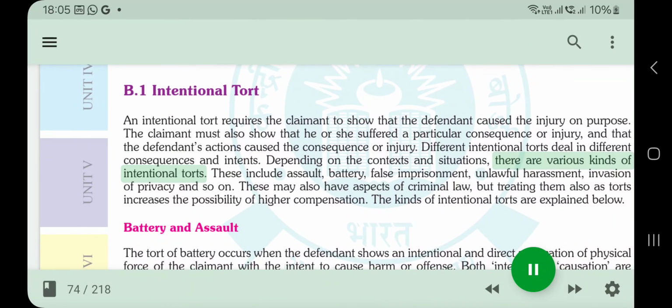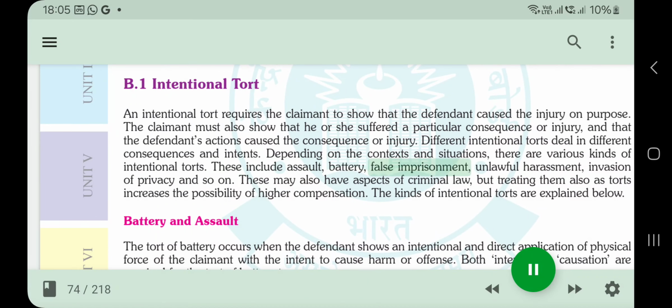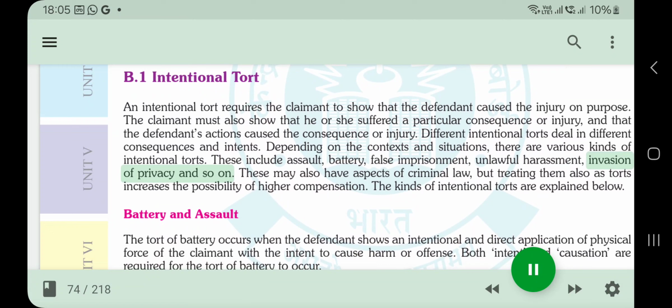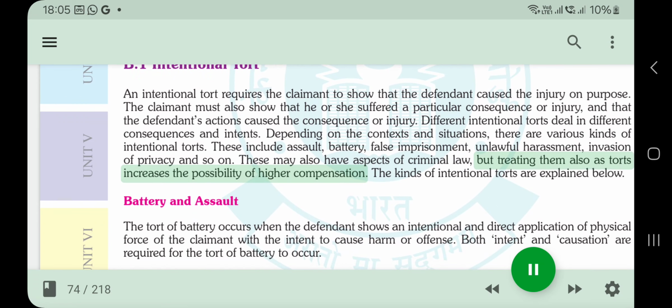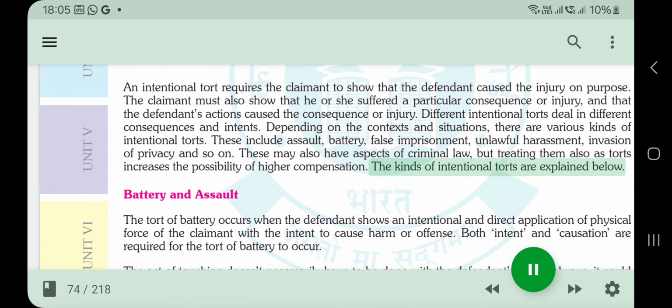Depending on the contexts and situations, there are various kinds of intentional torts. These include assault, battery, false imprisonment, unlawful harassment, invasion of privacy, and so on. These may also have aspects of criminal law, but treating them also as torts increases the possibility of higher compensation. The kinds of intentional torts are explained below.